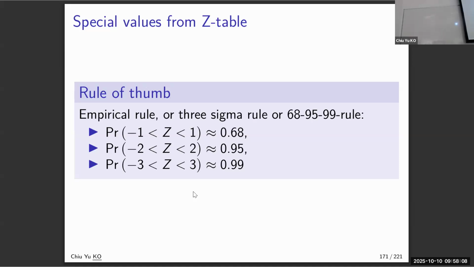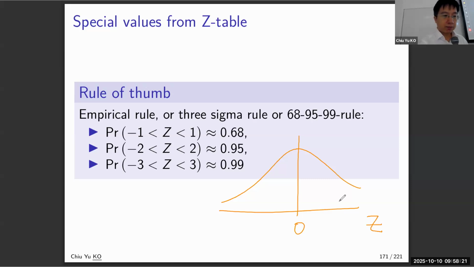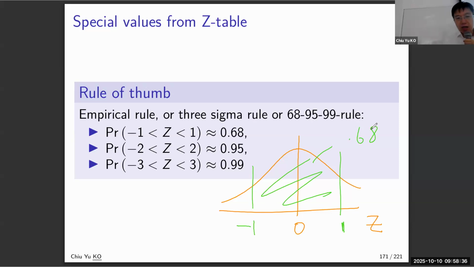Let me illustrate how we get the first one. The first one means the following: this is 0, Z, and it is saying that within 1 SD of the mean there is 68%. How can we solve it from the table?